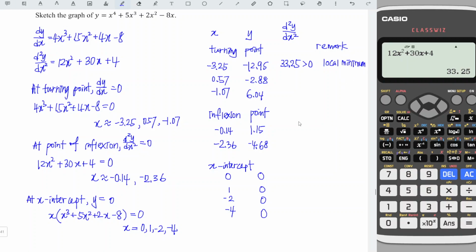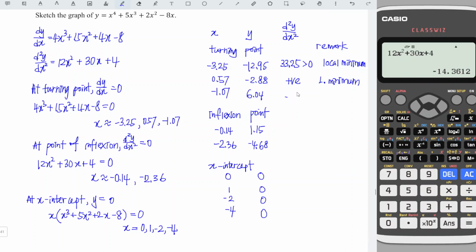Okay, then next, calculate for 0.57 and we should obtain 24 point something. So this is again positive, so again a local minimum. And the last one, calculate negative 1.07 and we have a negative value.